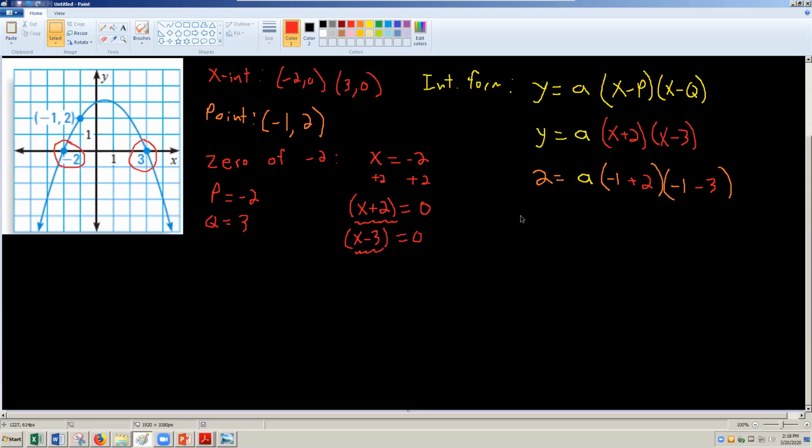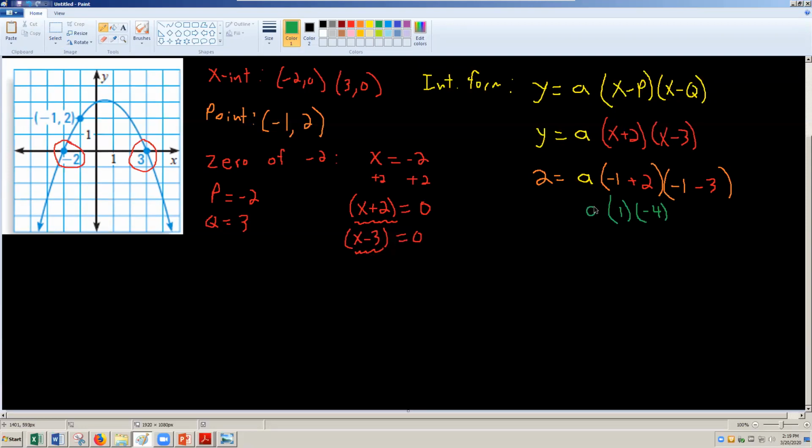And so now that we've plugged in our x and y values, we're just going to do some math and solve for a. So when I'm doing this, I'm going to add or subtract these things together. So -1 plus 2 gives me 1. And here I have -1 minus 3 will give me -4.